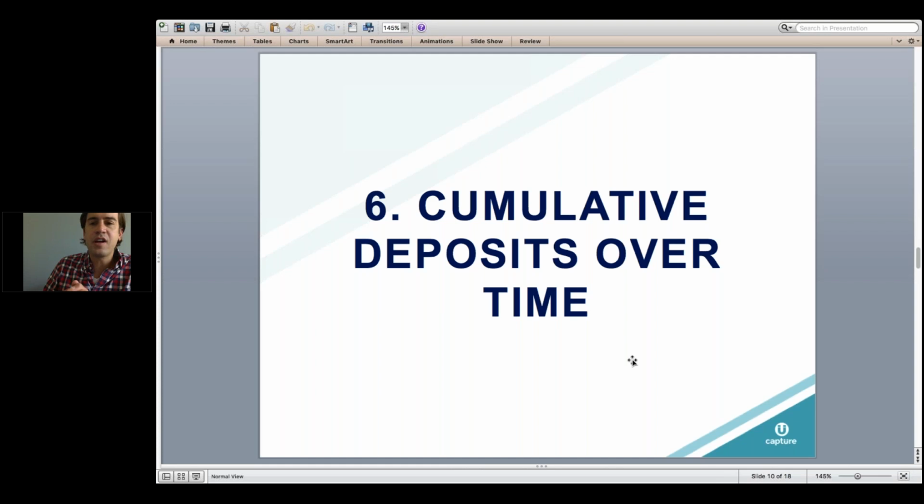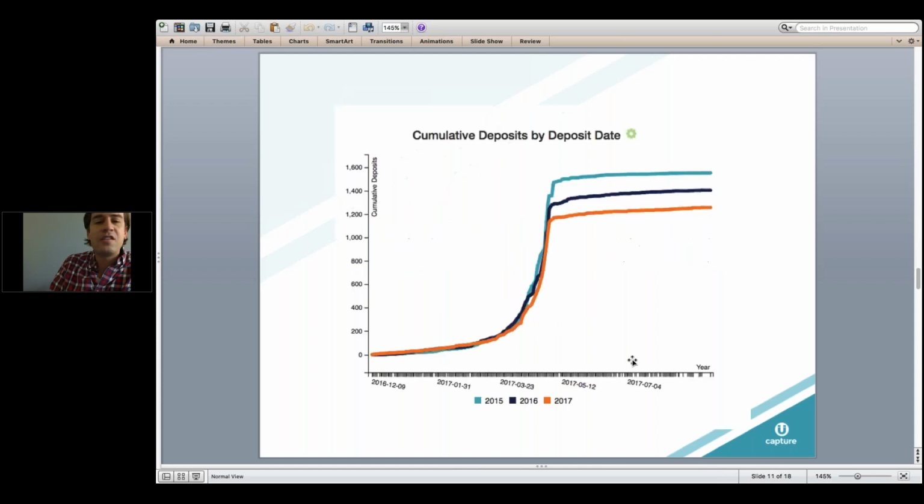Another cool feature that only a couple schools have taken us up on is we can build in showing the cumulative deposits over time. So if in your data you send us the deposit date along with your students, then we can calculate this graph, and this will be on your dashboard.